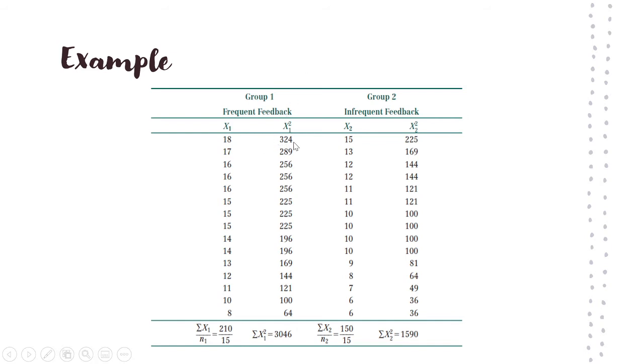Then you get the square of each value or score in the first group. So this is the result. The summation of all squares of the values of x in the first group is 3046. The same goes for group 2, the second group with infrequent feedback.